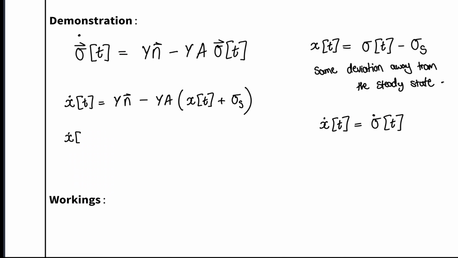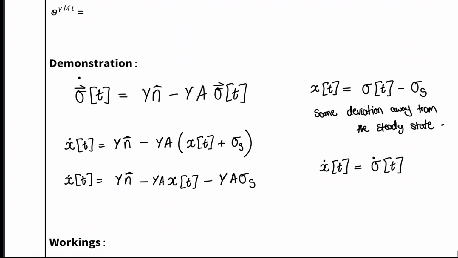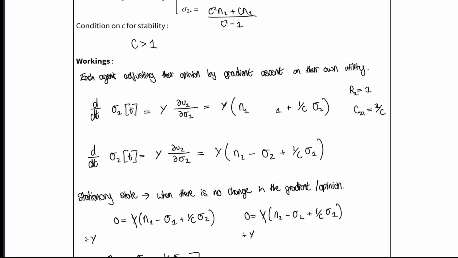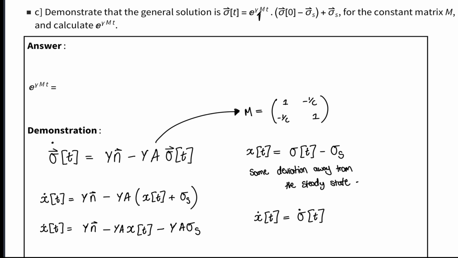Now if I expand the bracket, we get gamma A x(t) minus gamma A sigma s. I've just noticed that I've forgotten to define what A is. A is just our matrix, 1, minus 1 over c, minus 1 over c, 1, which is the matrix that you get when you take the coefficients of sigma 1 and sigma 2 in these two equations. In fact, I'm going to go back and change this matrix just to be M, as that is what they've used in the question. Cool.